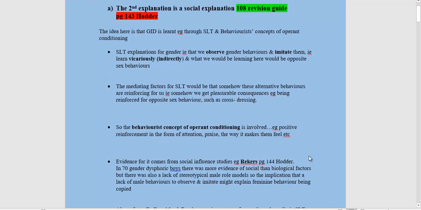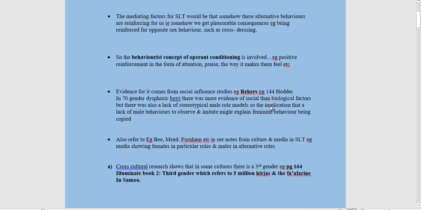So we will need some evidence for this, and in Hodder we've got reference to Rekers' piece of research, 70 gender dysphoric boys. They found that there was more evidence of social than biological factors, and one of the common factors was a lack of stereotypical male role models. So the implication is that a lack of male behaviors to observe and imitate might explain that feminine behavior being copied.